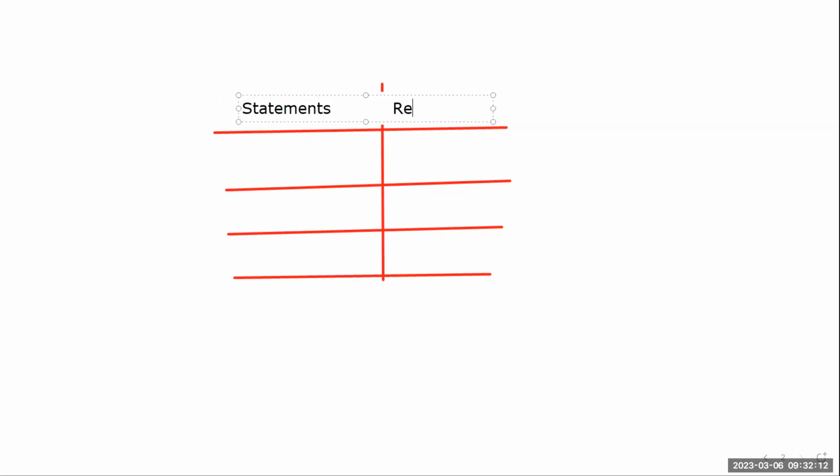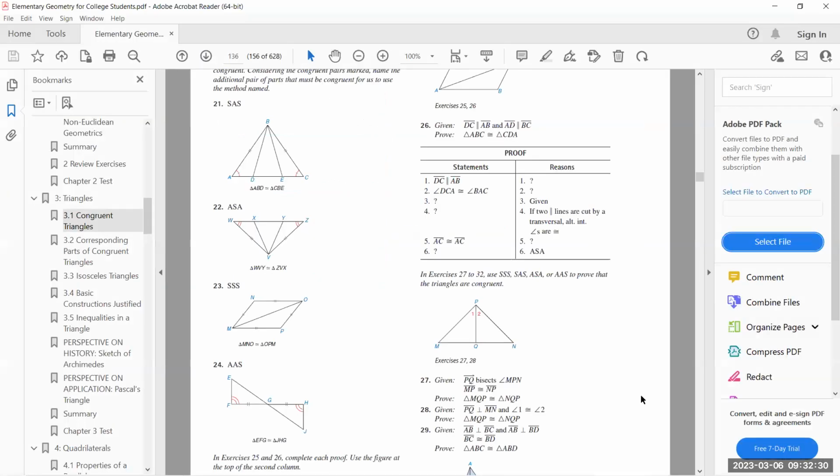Now, if we go back to the book, usually you always start a proof with at least one given statement. So we're going to start with segment PQ is perpendicular to MN.